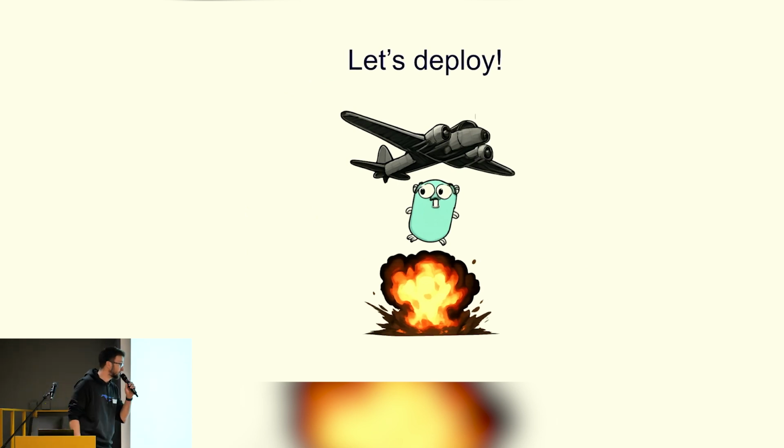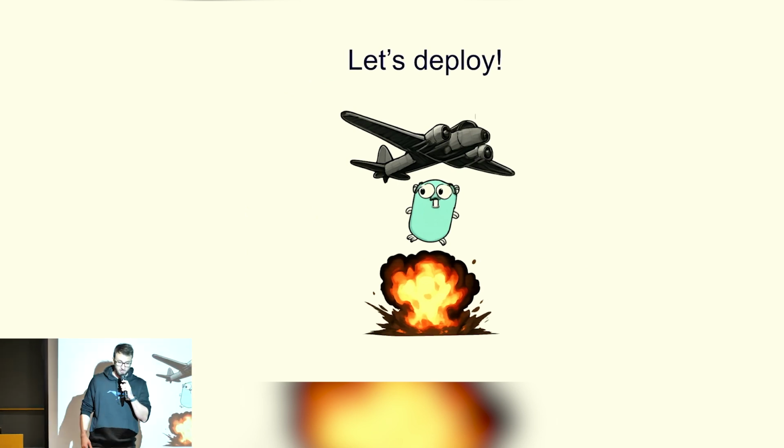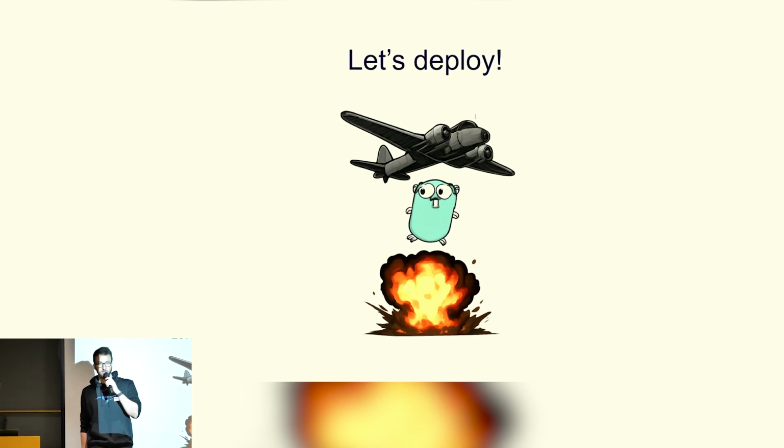Okay, so I implemented it. It was pretty straightforward, as I said, and I got to the deployment. One interesting thing during deployment is to set the resource limits for the application or the container.